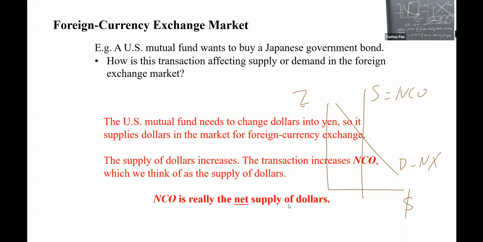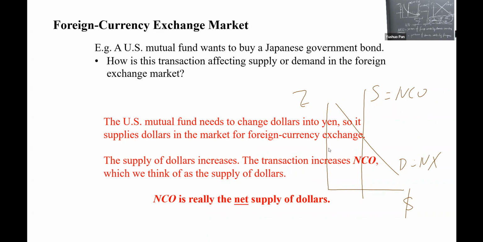That means the net capital outflow will increase. That's the supply, so the supply of dollars increased by this transaction. That increases NCO, which we think of as the supply of dollars. If you want to invest in other countries, you have to give your dollars first and then invest. So the NCO is the net supply of dollars. This question tells you why the NCO is supply.